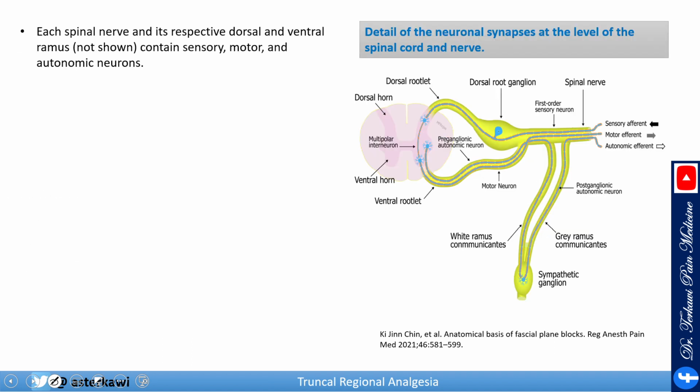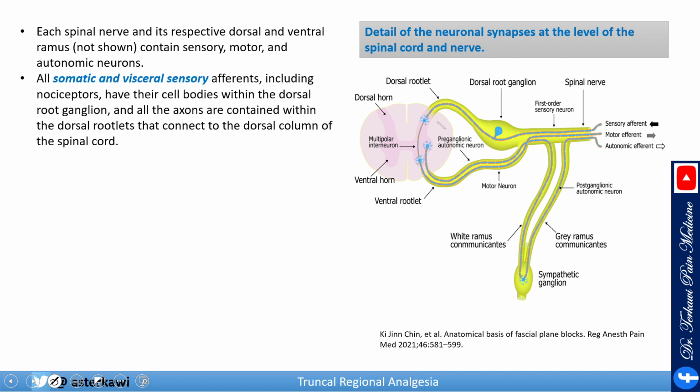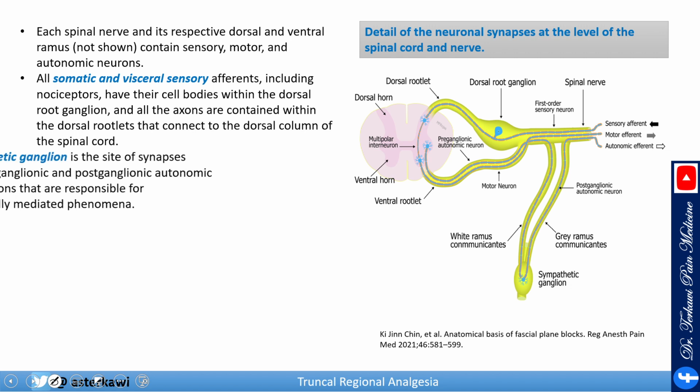Finally, each spinal nerve and its representative dorsal and ventral ramus contain sensory, motor, and autonomic neurons. All somatic and visceral sensory afferents, including nociceptive ones, have their cell bodies within the dorsal root ganglia, and all the axons are contained within the dorsal rootlets that connect to the dorsal column of the spinal cord.